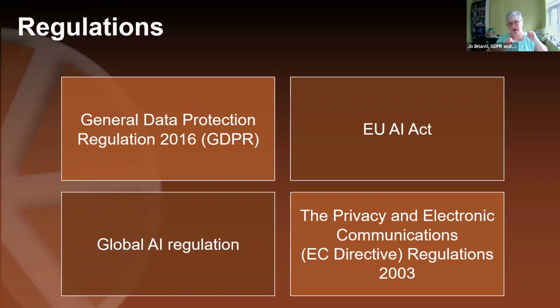So the EU AI Act classifies risk around the use of AI. Most of the people who are going to need to worry about this are organizations like Meta, who are creating their models, right?